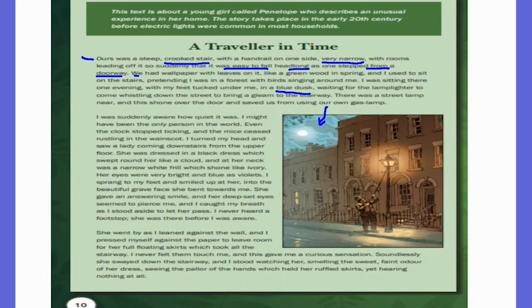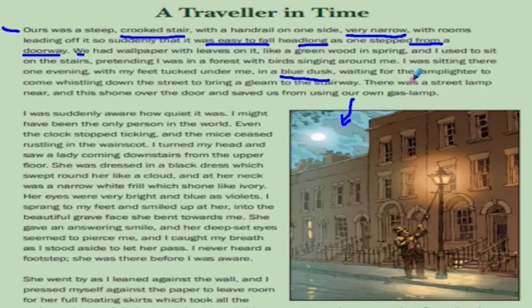So can you find the word lamplighter? So we can see the keyword lamplighter here. So if I read around that word, I should find the answer. And the question was again, how do we know that the lamplighter was approaching? "In a blue dusk, waiting for the lamplighter to come whistling down the street." So the fact that he's whistling down the street, she hears him before she can see him.